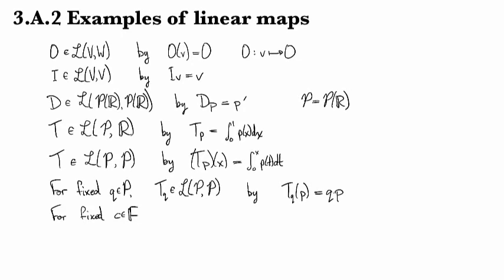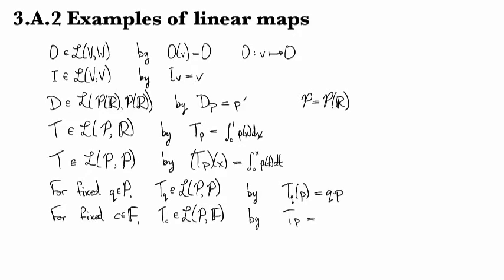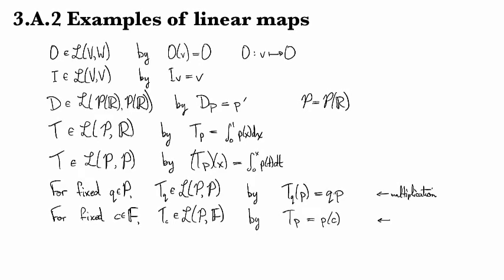It works for F. T sub C gives you a linear map from P to F by evaluation at C. So this is a multiplication map. This one is an evaluation map.